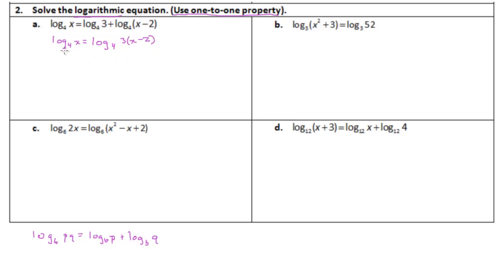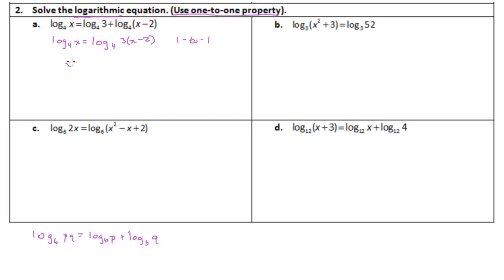Now, because I have log base 4 on both sides, I can use the one-to-one property, which simply says that these arguments to logs have to be equal if we have the same base, if the whole thing is equal.